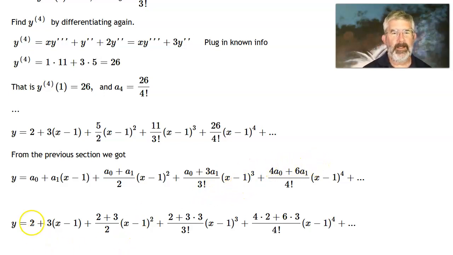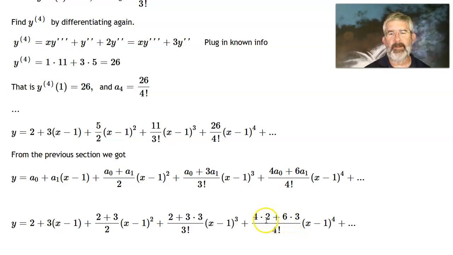Plugging in A0 and A1, A0 is 2, A1 is 3. So every place I see an A0, I'm plugging in a 2 and 3 for A1. But then I can see these two certainly match up. This is now 5 over 2. Yep, that's what that one is. This is 2 plus 9 over 3 factorial. Yep, 11 over 3 factorial. This is 8 plus 6 times 3 is 18.